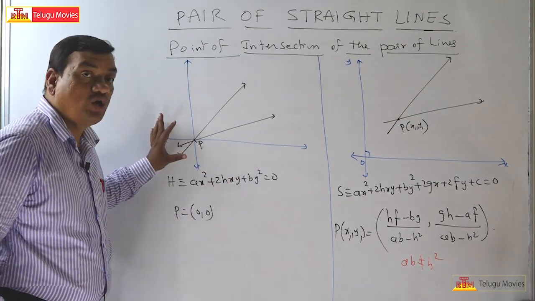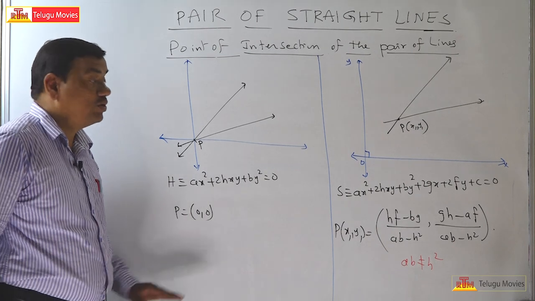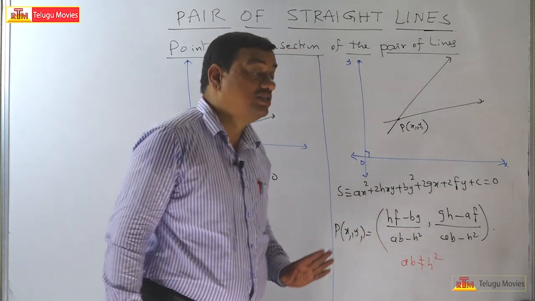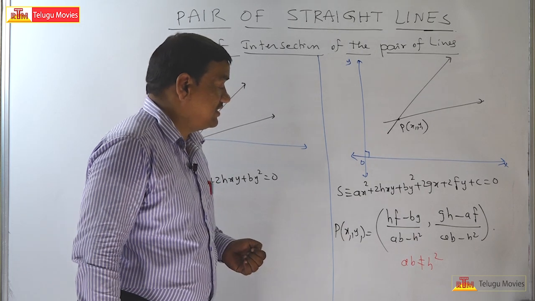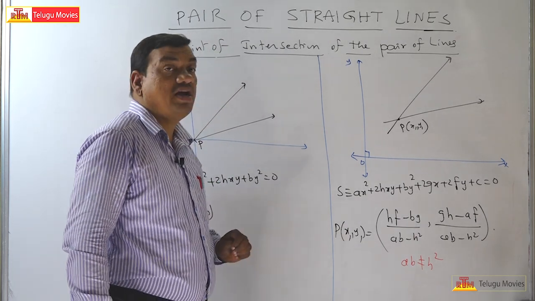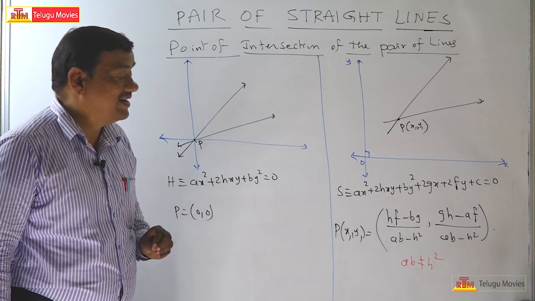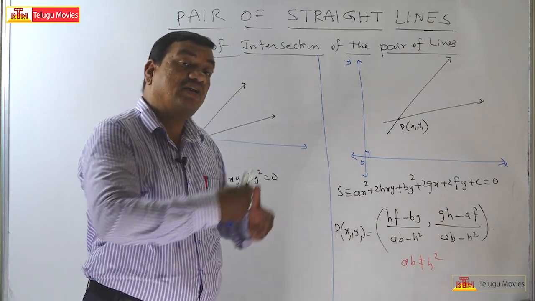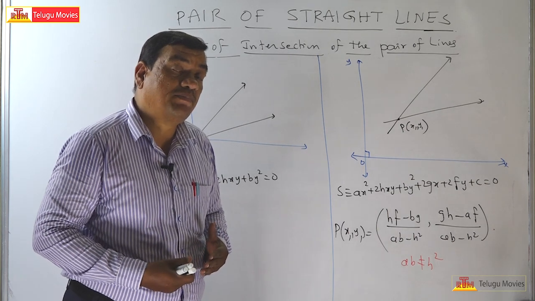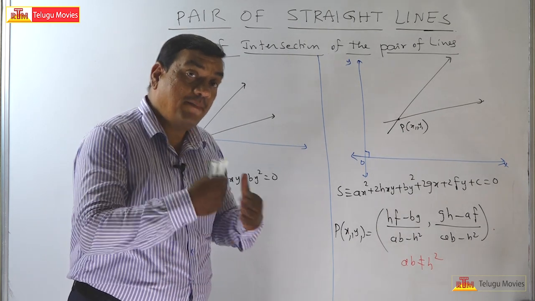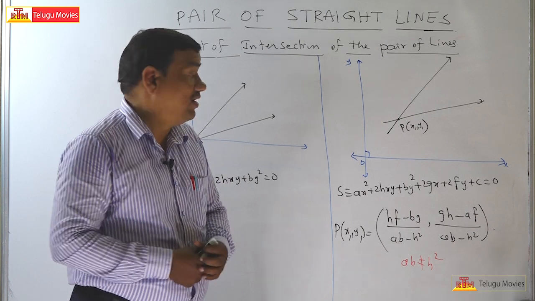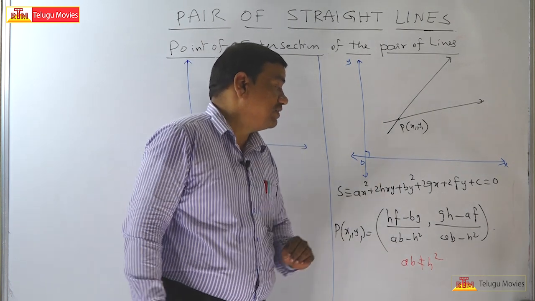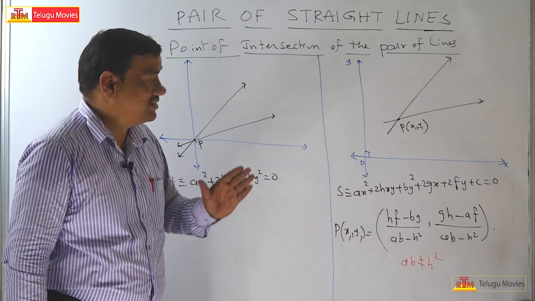So, here the point of intersection is (hf minus bg) upon (ab minus h square), (gh minus af) upon (ab minus h square). So, this is the point of intersection. Whenever an equation is given which represents a pair of lines, compare that equation with the general form ax square plus 2hxy plus by square plus 2gx plus 2fy plus c.